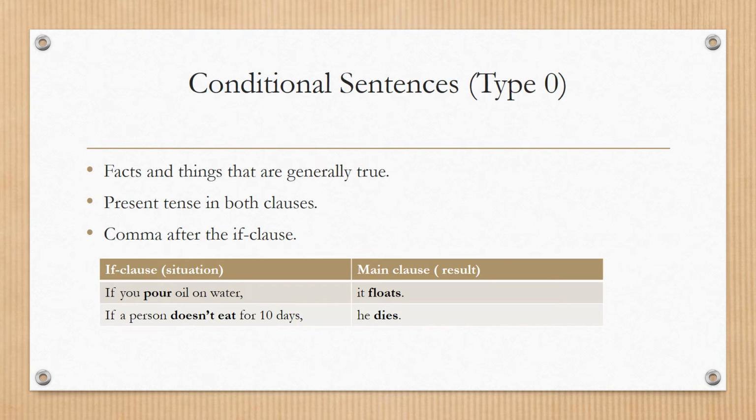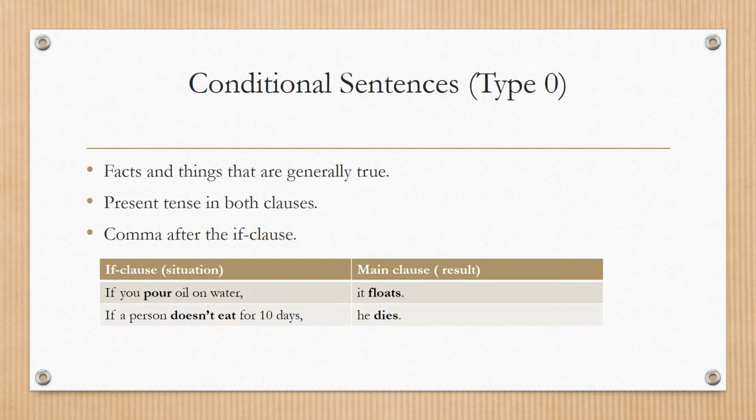Conditional sentences type 0 are used to describe cause and effects that are generally true. They are universal truths or obvious facts about the situation and the result. Given that situation, a certain result must take place.